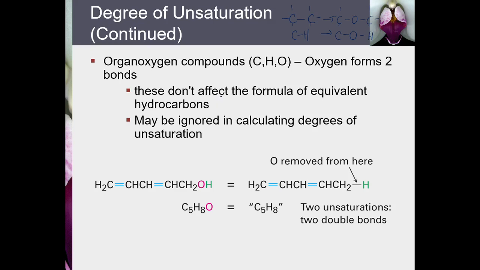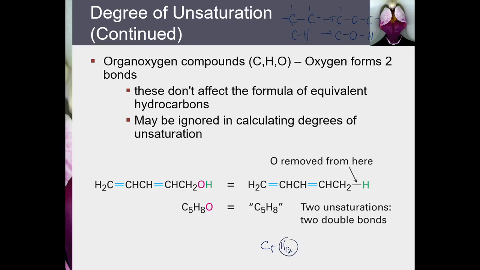So, in this case, pwede nating i-ignore. This may be ignored in calculating the degrees of unsaturation. Like for example, this one is C5H8. So sa C5H8, ang ating fully saturated na compound will be 2 times 5 plus 2, so that's 10 plus 2, so 12.